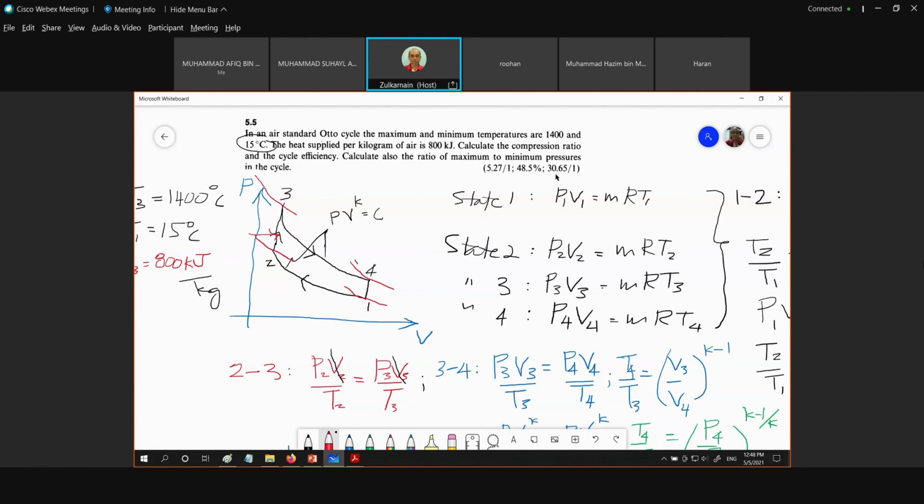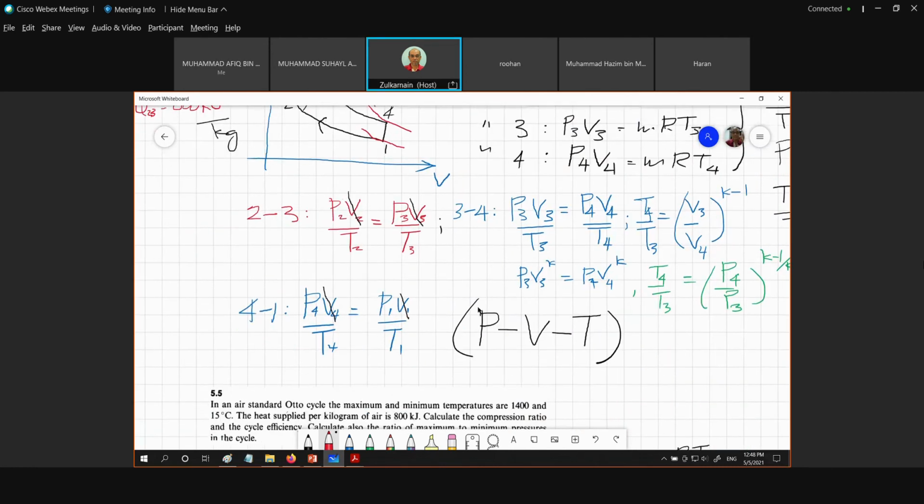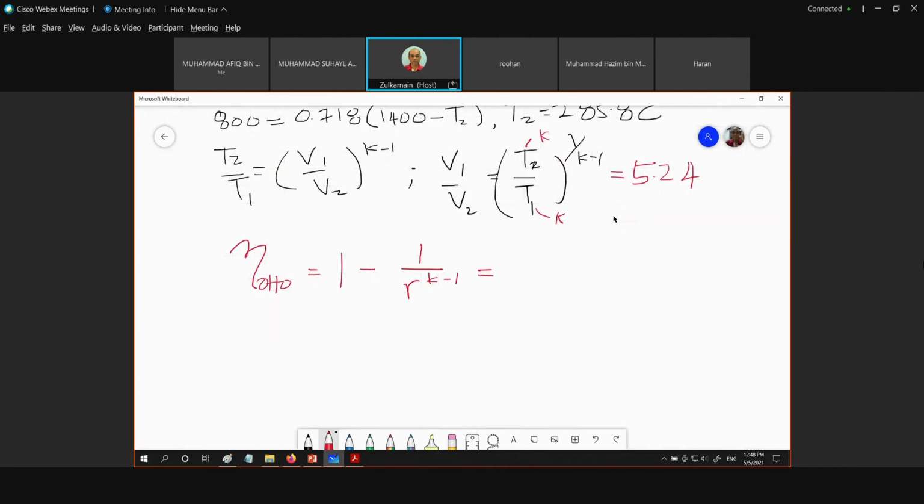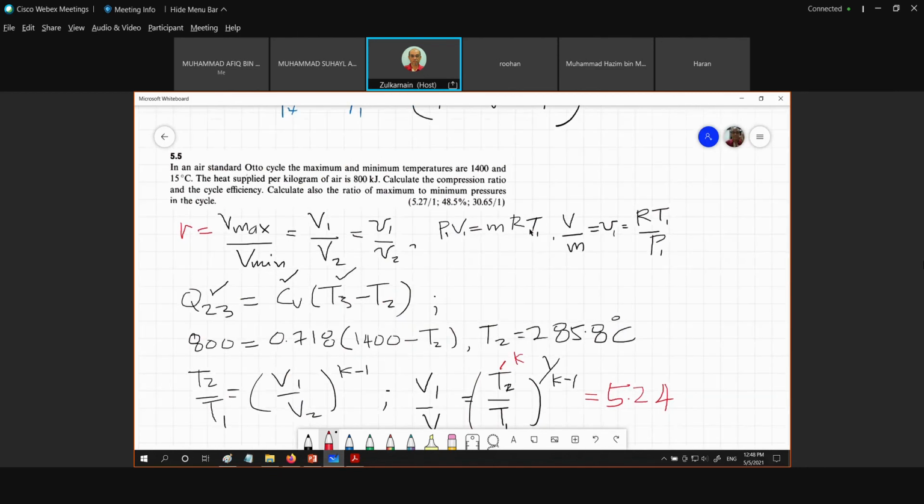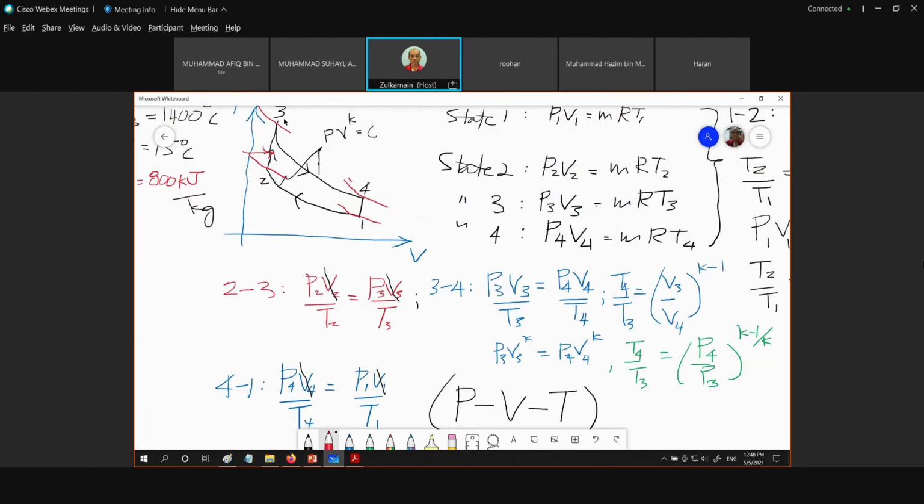The maximum to minimum pressure, Pmax over Pmin, is equal to P3 divided by P1. So how to get this ratio, P3 over P1? Any idea how to get the P3?